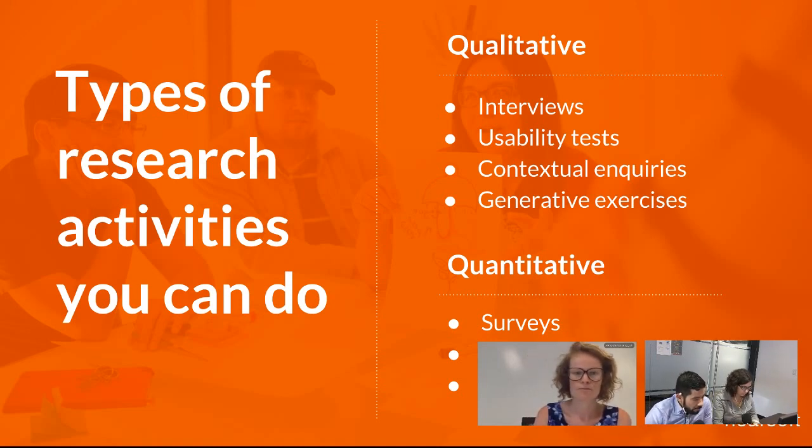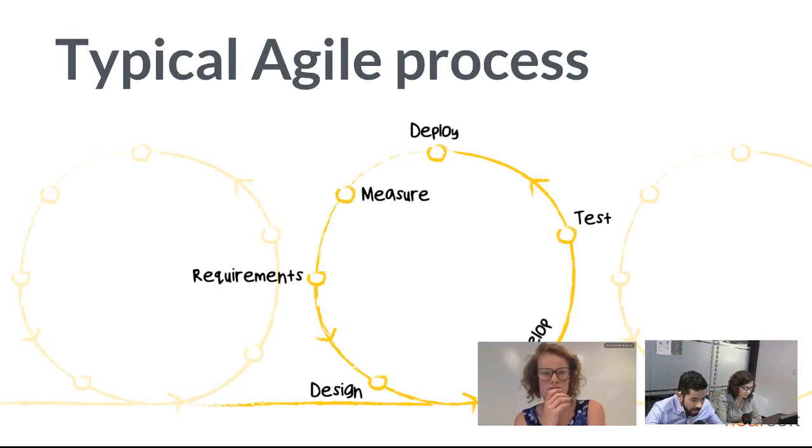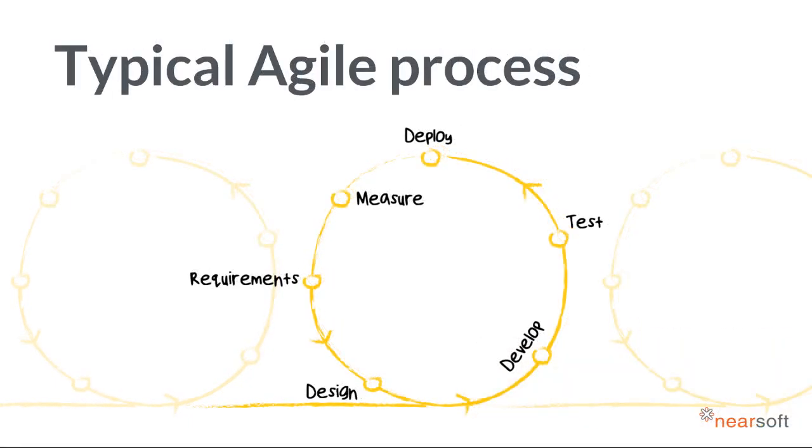So we have that. We have user research existing on its own, but then you have this approach of building software, which is Agile, and Agile has taken over the software industry simply because it works. It allows you to go iteratively and do incremental development on the project, and you can adapt yourself as the project evolves over time.